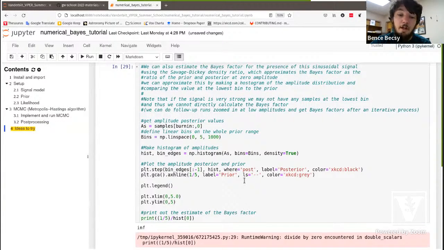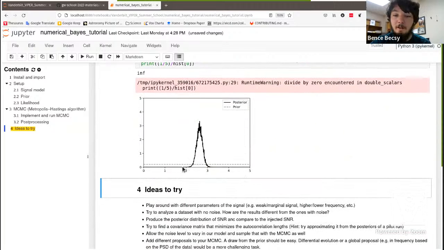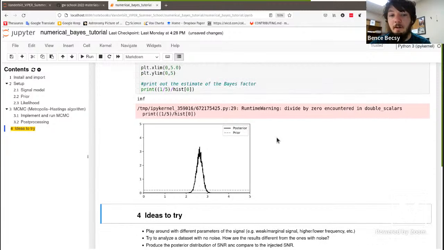So if I do that, you can see that our posterior peaks around 2.5, which is the injected value. And this is the prior. The problem with this kind of thing is that this is a very strong signal. So we basically have no samples at the very lowest amplitudes.